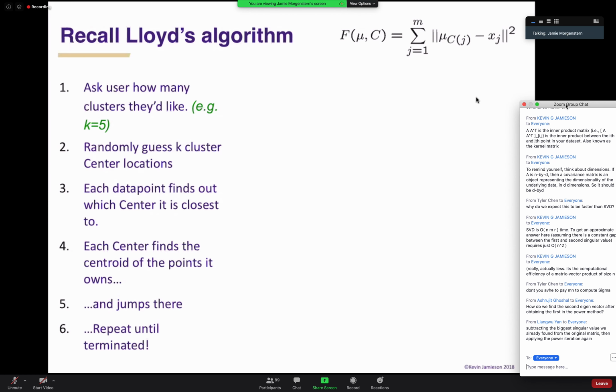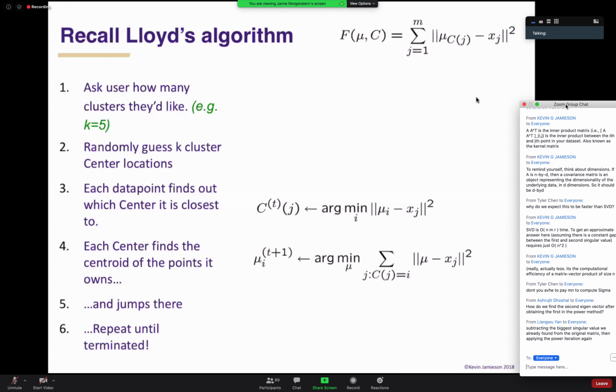The way that worked was first randomly pick some centers, assign points to the closest center, then recompute each center to be the centroid of the points belonging to it, and iterate. This algorithm belongs to a template of algorithms much more pervasive in machine learning, called expectation maximization algorithms.